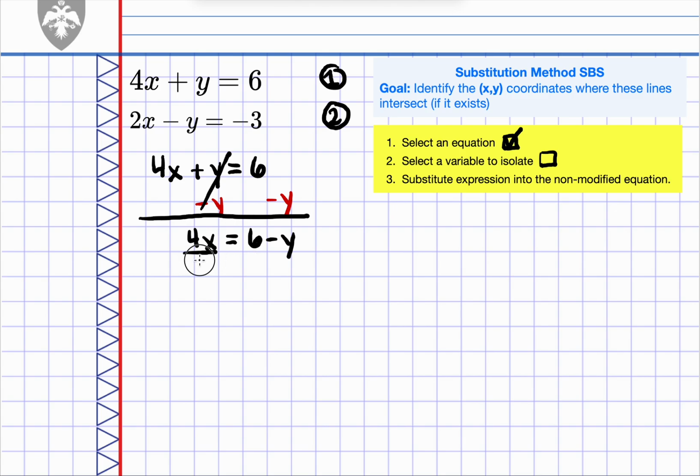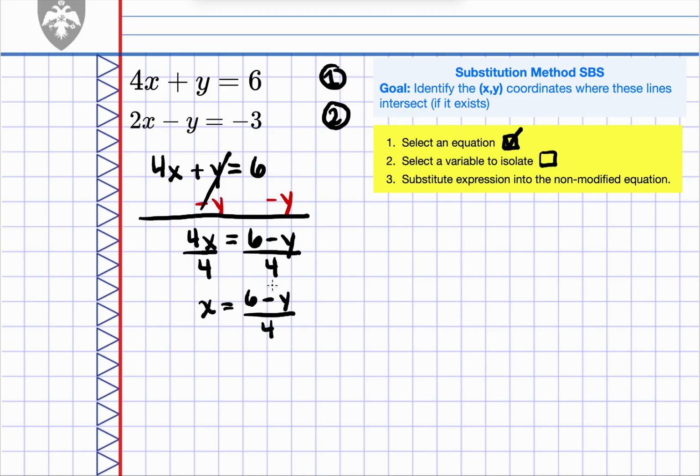So let's go ahead and put a fraction bar underneath 4x and put 4 as the denominator because we want to divide by the coefficient. If we want to keep this balance, we're going to need to apply the same thinking to the other side of the equal sign. Let's see what takes place here. x is now going to be equal to 6 minus y divided by 4.